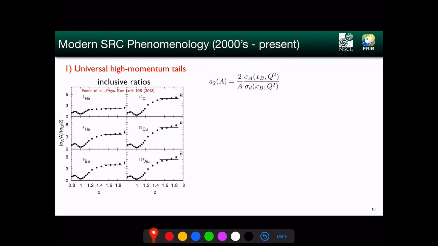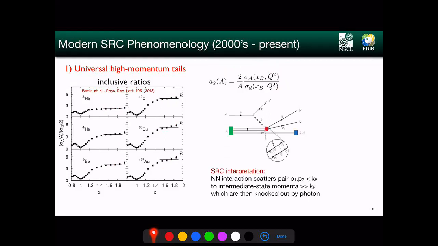And the way that this is interpreted in the standard high-resolution SRC view is that at this vertex, where the knockout is happening, if you look at it with a magnifying glass, due to these hard scatterings, due to the high resolution nucleon-nucleon interaction, you're kicking nucleons up into high states above the Fermi level, and then a photon comes in, hits it, blows it apart and knocks it out.